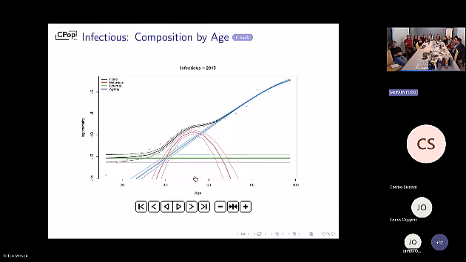So in 2000, it was at age 40, and 15 years later, it was 15 years older. So this should be some cohort effect that we see. The other parts, the senescent and the Makeham part, are not changing a lot, but we see a cohort change in this.